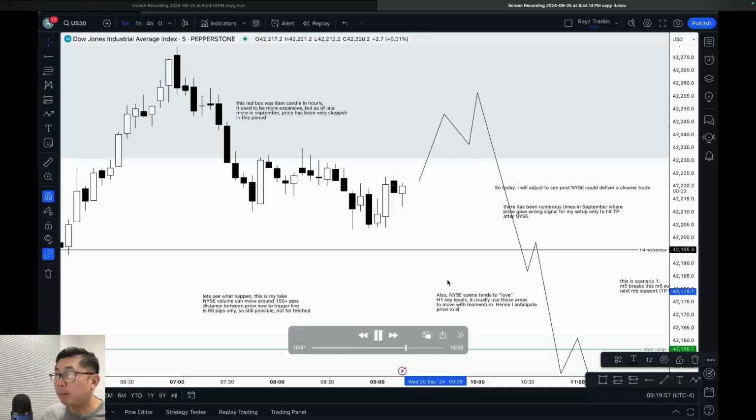That's what I'm referring to. Even though I want to go short, I want to take a sell, I don't see price moving lower and lower into my trigger line so that I get into a short. I anticipated that price wanted to go higher first and wick the highs on the hourly, to then come back inside the range.